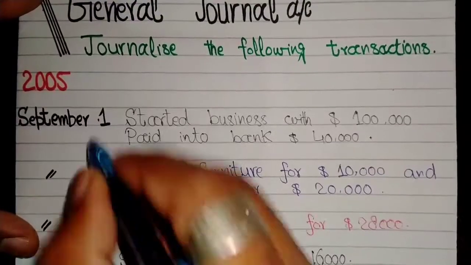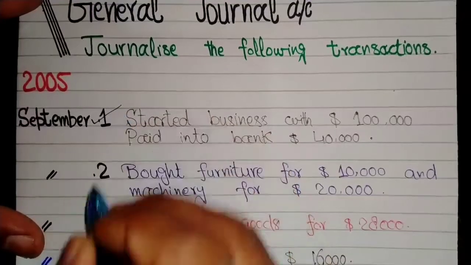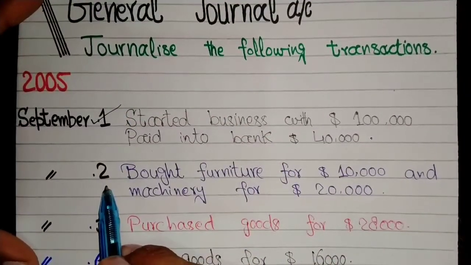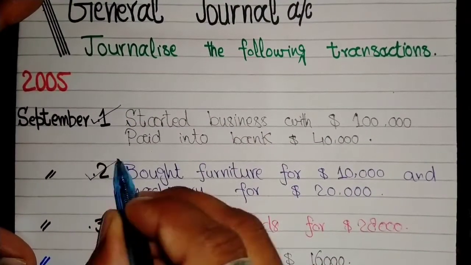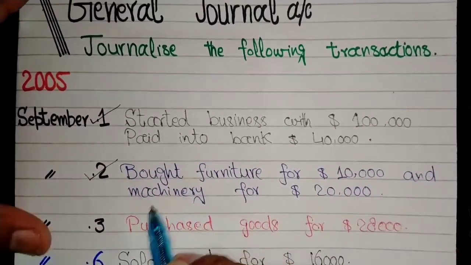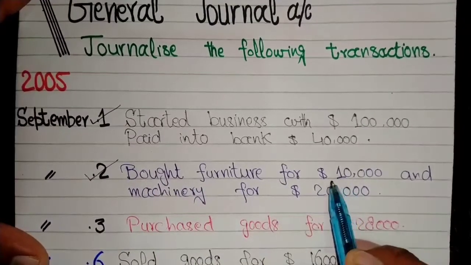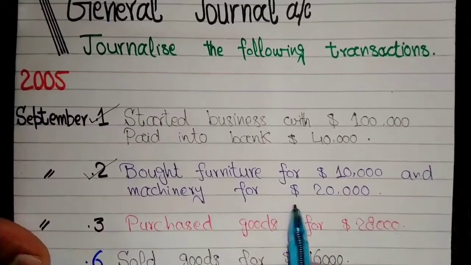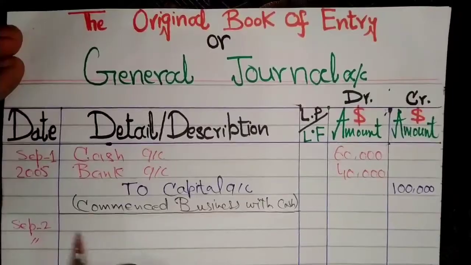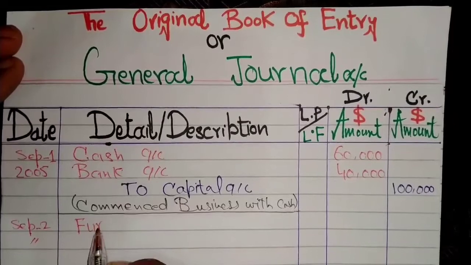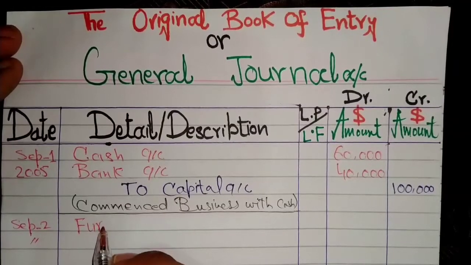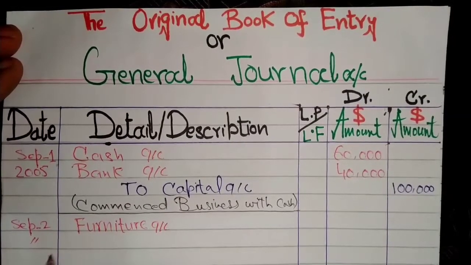Now we will move toward the second transaction of this problem, which took place on September 2nd. The statement is: bought furniture for $10,000 and machinery for $20,000. Furniture account debit because furniture was purchased by the business on cash basis, and machinery was also purchased, so machinery account will debit.